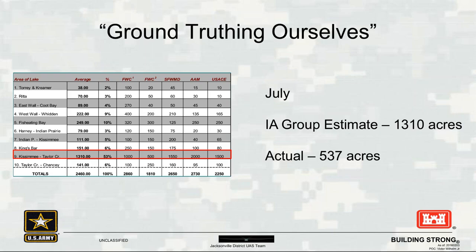It can also vary the elevation of priority areas when it comes to invasive species treatment. 1,300 acres looks a lot worse than 537. So it helped us calm down people's perception of how bad it actually was out there compared to what we found out after.